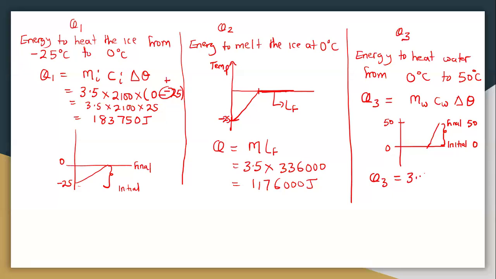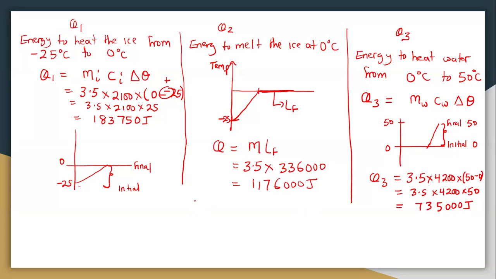So we shall have it as 3.5 times the specific heat capacity of water, which is 4,200, times the temperature change, which is 50 minus 0. So here we shall have 3.5 times 4,200, times 50. When you multiply, you have 735,000 joules.